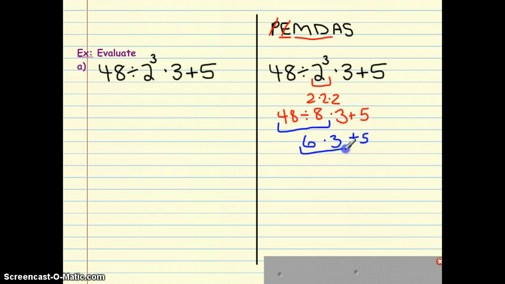And I'm going to continue to work across and do my multiplication, which is 18. And then my multiplication and my division are all taken care of. I drop down my plus 5, and I get 23.